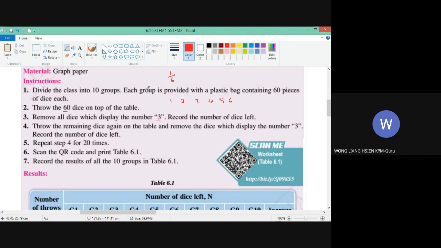Then you take away the number 3 dice, and you are left with about 50 dice. You throw again, and out of the 50 dice, 1/6 will show number 3. Then you take away, and the number of dice will get less and less. You get that idea?